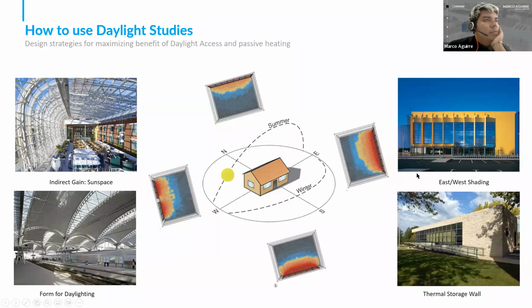And then could we explore things like sun spaces, skylights, or if we couldn't have daylight coming directly into the space, is there a way to absorb that energy from the daylight, which is basically radiation, and then store it for heating through Trombe walls or just thermal massing, basically that idea.